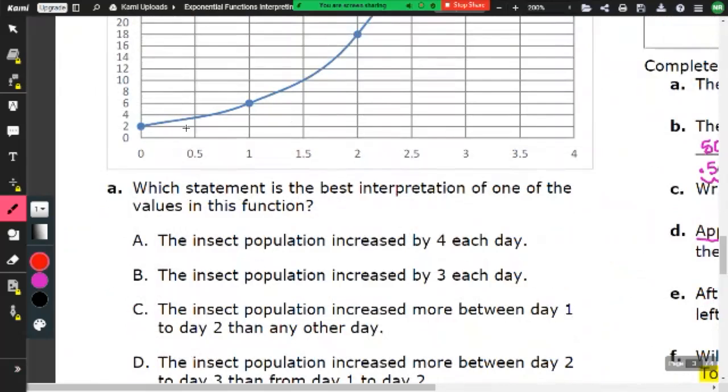A, it says the insect population increased. Increase means to add by 4 each day. Now, if it gives you a specific number, if it says we're increasing by 4, that means to add.